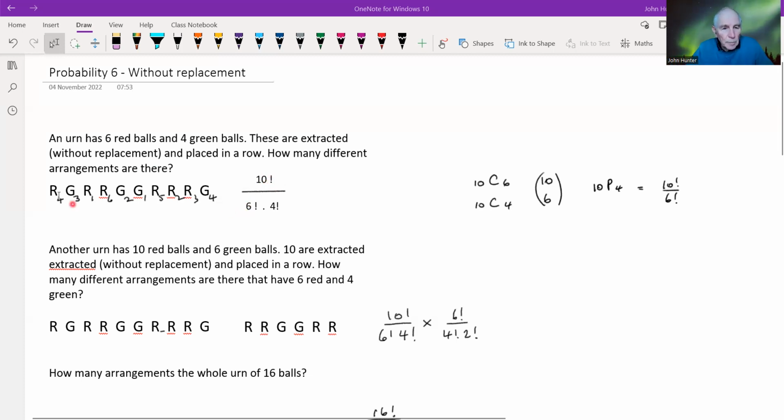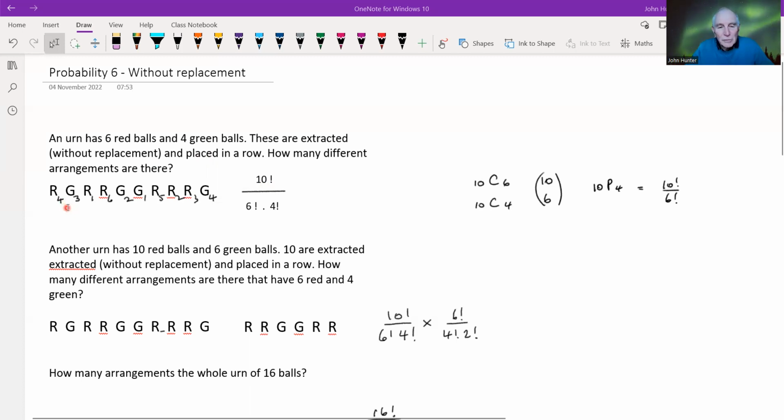Here's an example. We've got written down R4, G3, R1, R6, G2, and so on down to G4 there. So that would be 10 factorial different ways. Now, when we say how many different arrangements, we're not told that these balls are numbered.